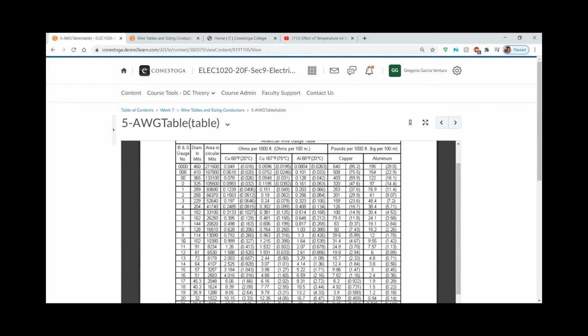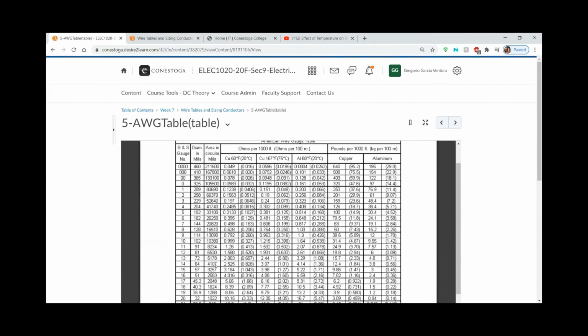Let's say we have a number 14 conductor, which is very common. Under this column we find the diameter in mils. For a number 14, it's 64 mils, and that gives you an area equal to 4,107 circular mils.